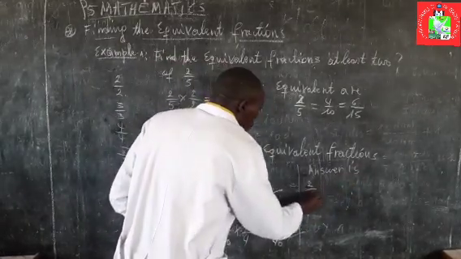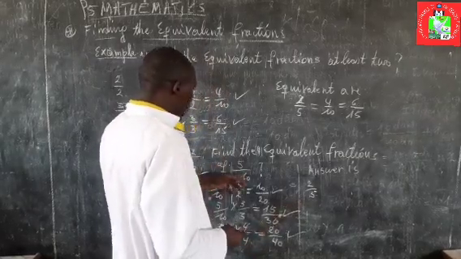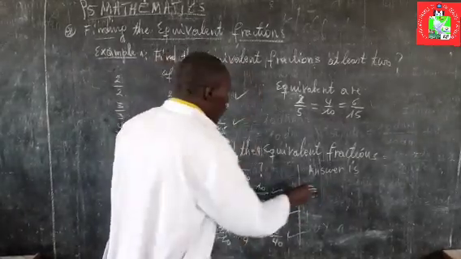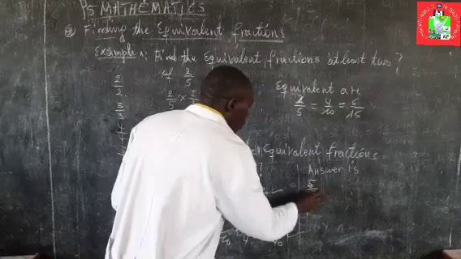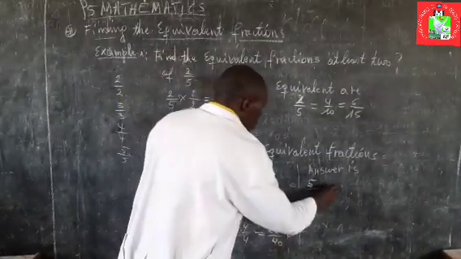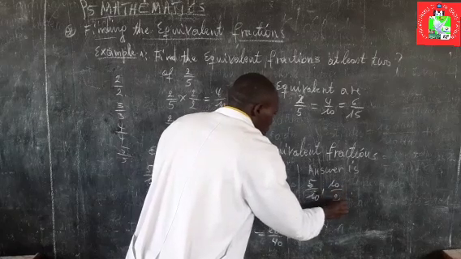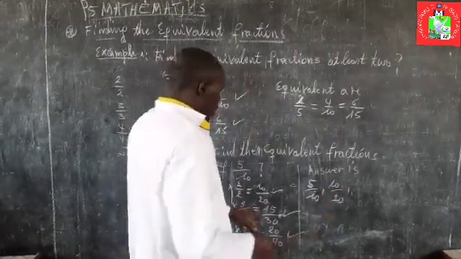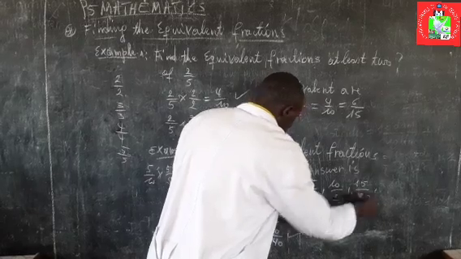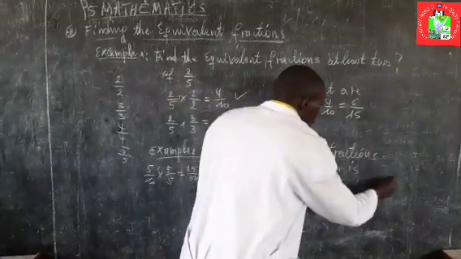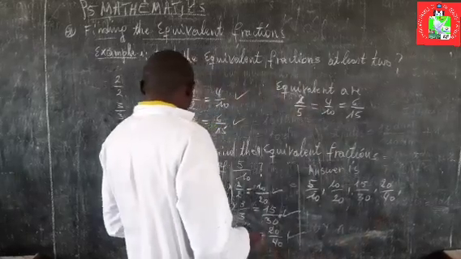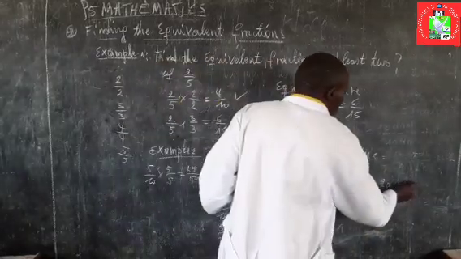The answer is: you have given me 5 over 10, and the equivalent fractions are 10 over 20, 15 over 30, 20 over 40, and also 25 over 50.